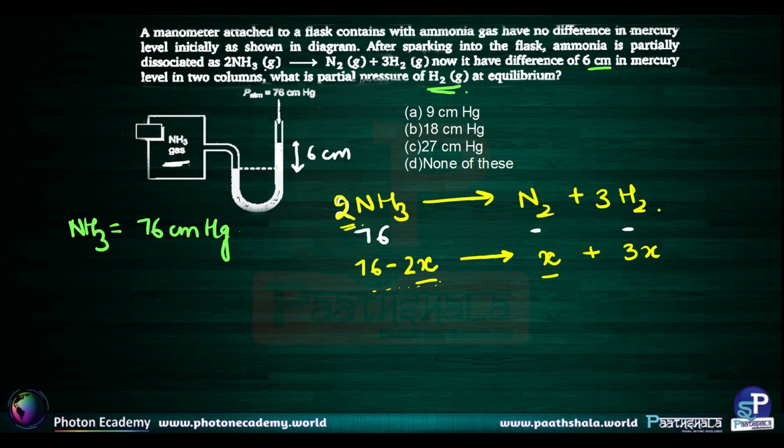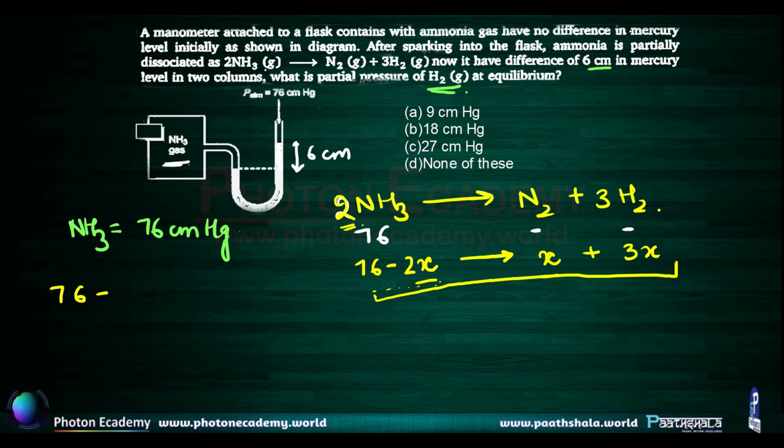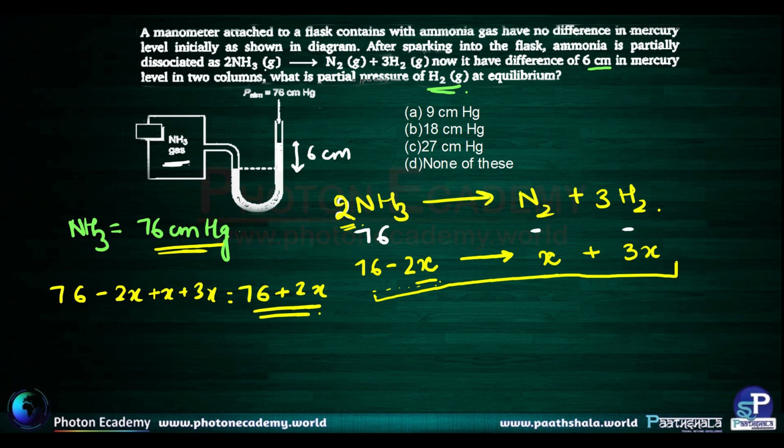Correct? Now if we add this entire pressure, because what we worked out here is the pressure in the entire flask, it would be 76 minus 2x plus 3x, and comes out to be 76 plus 2x. So this difference from the initial pressure which we had is 2x. Correct?